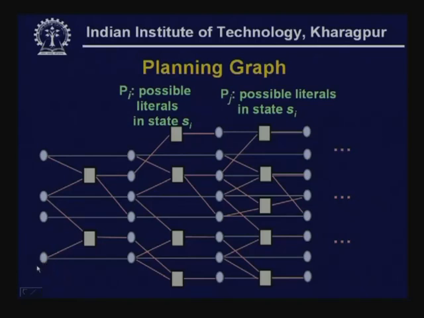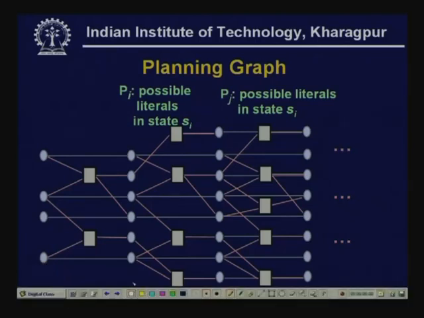So, this is an example of a planning graph. This is the initial state or S0. These are the propositions which hold at the initial state. These are some actions whose preconditions are satisfied in this initial state. And this is the set of propositions that can hold in the next state.